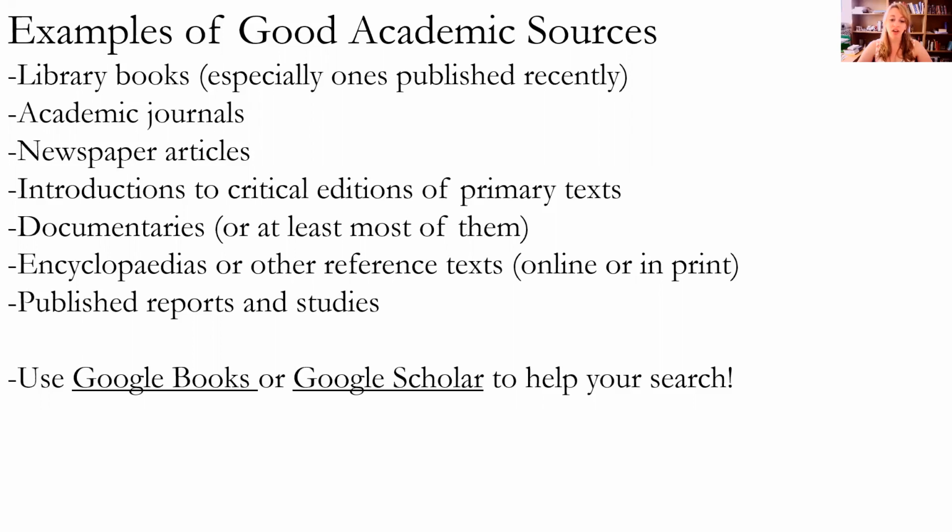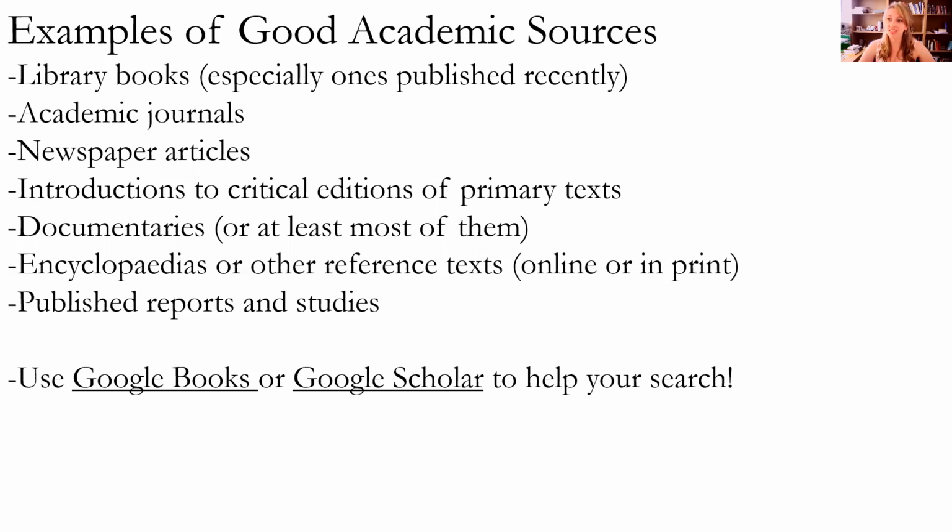Again, if you have a book that is like an Oxford World's Classics or some sort of critical edition of a book, they'll usually come with an introduction at the beginning, and that's something that is usually academically written as well. That would be acceptable for you to use. Obviously, any reference works like encyclopedias and published reports and studies. Documentaries as well, potentially, but those you might have to be a little careful with.